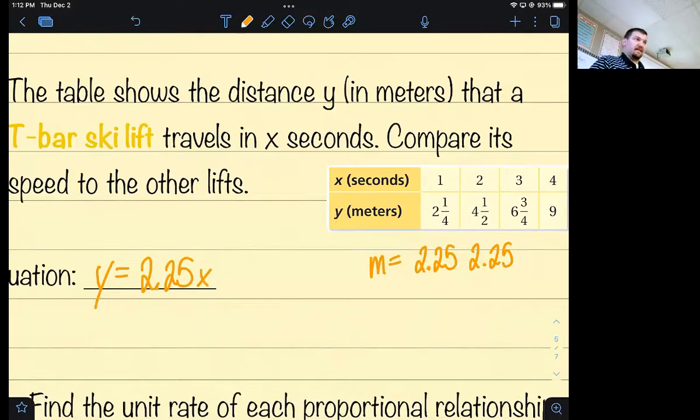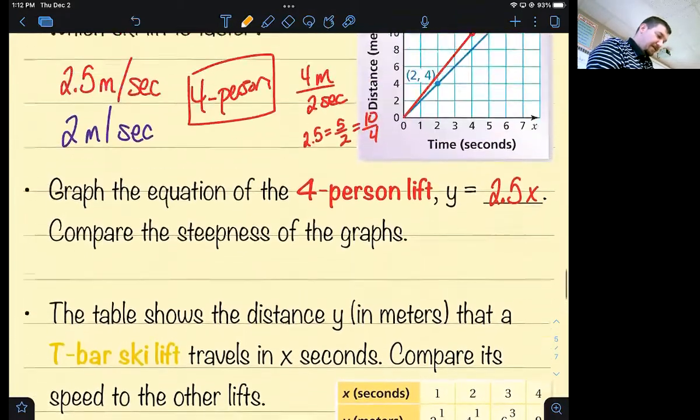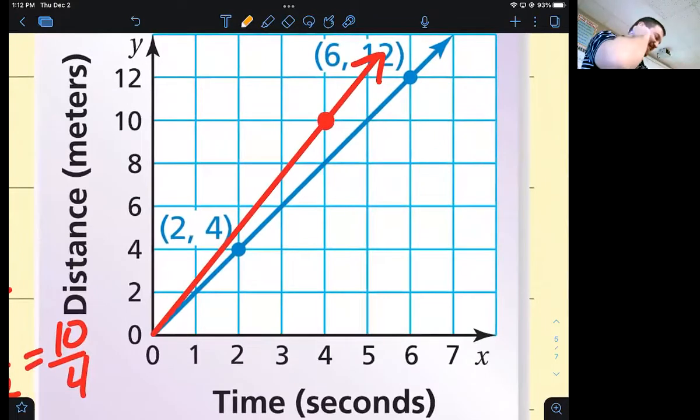No y-intercept because it's 0. And if I were to graph it, this will get real splitting hairs here, right? 2.25 we know is the same as 2 1/4, and 2 1/4 is the same as 9/4.